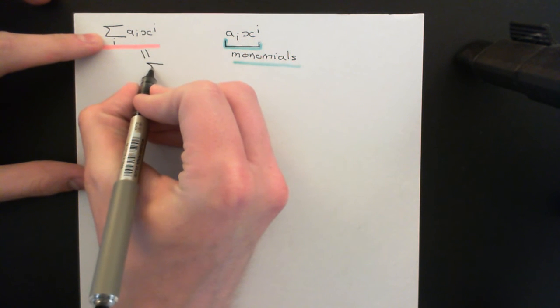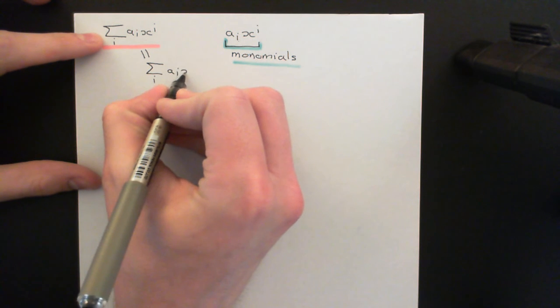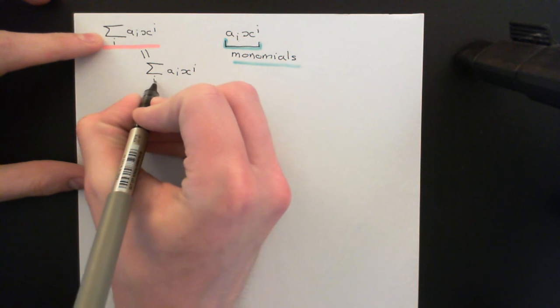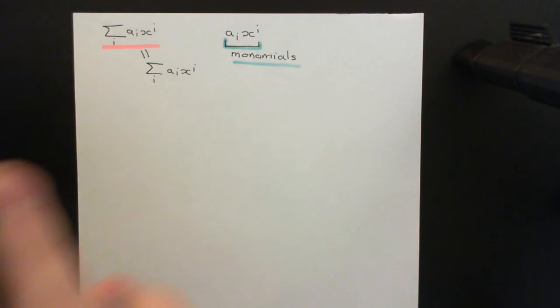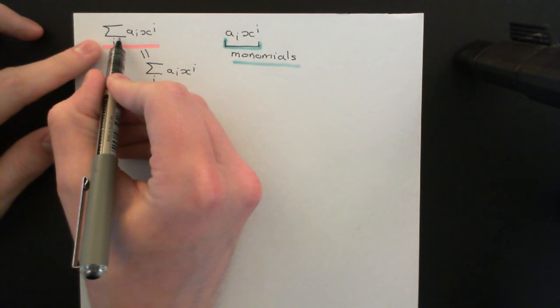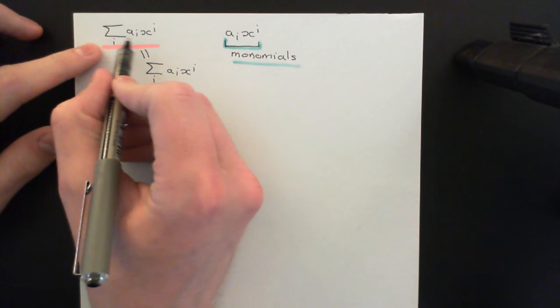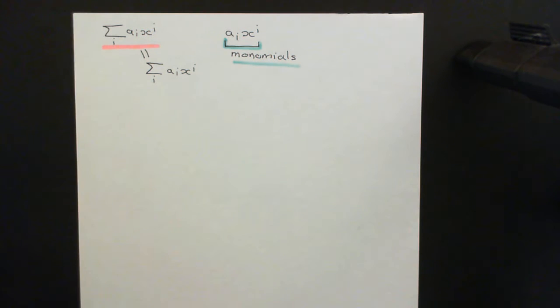I want you to understand the difference, because I'm going to write out the exact same thing here. I'm just going to write out the sum over i of a_i x^i, but it means a different thing now. Here, what this sum meant is just create this symbol where you put plus in between all of the terms. It was just a symbol. It didn't actually mean addition in terms of any algebraic structure.